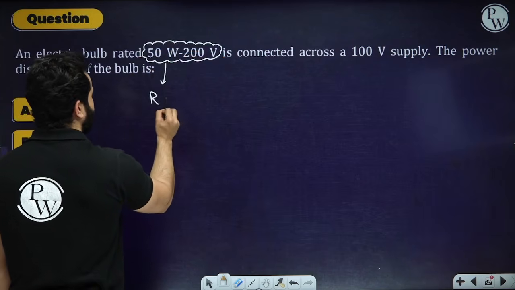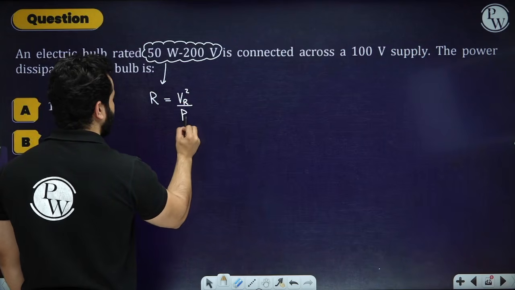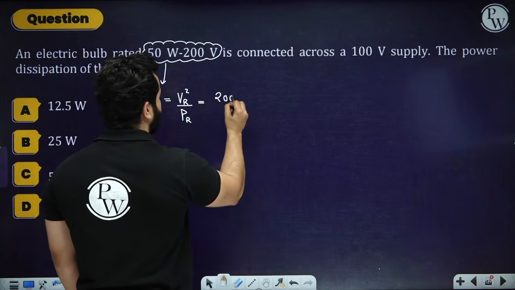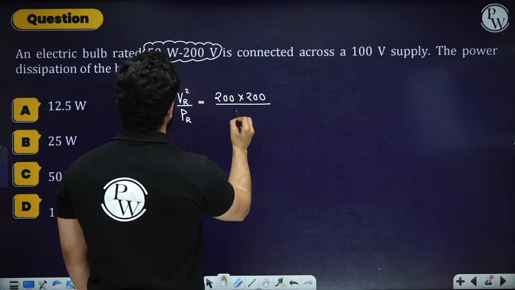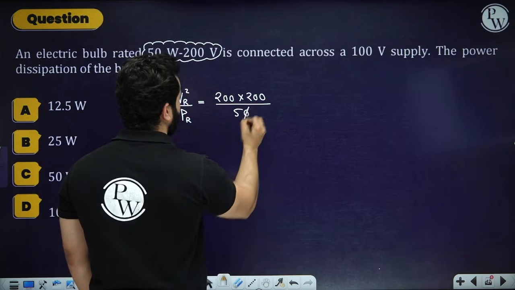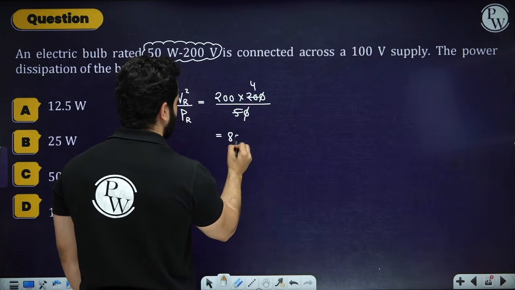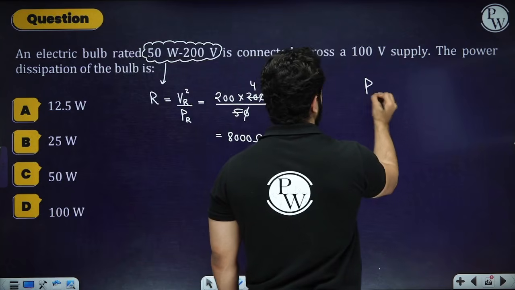Resistance will be equal to VR square divided by PR. So this is going to be 200 times 200 whole divided by PR, which is 50 watt. So this will become 4, so this would become 8000 ohm.